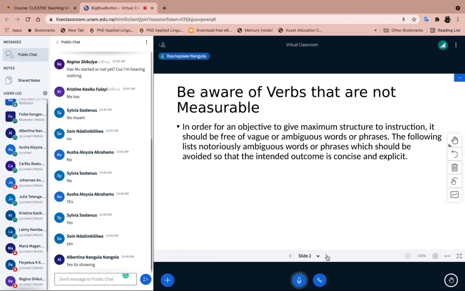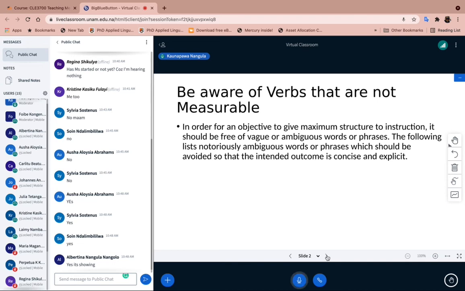When it comes to Bloom Taxonomy, I don't think we've spoken about this last time. Bloom Taxonomy, as we use it either for the objectives or the class activities that we use for assessment, there are certain verbs that we have to avoid because they are very vague.